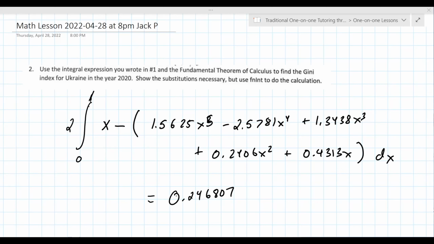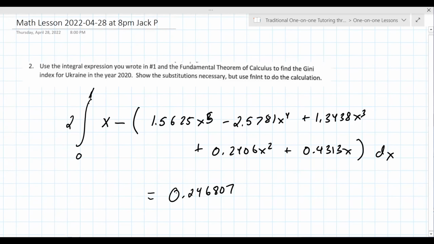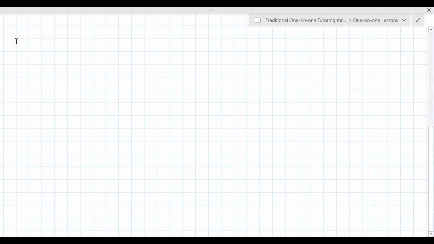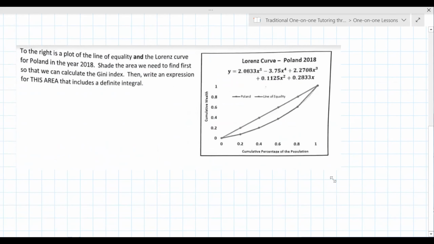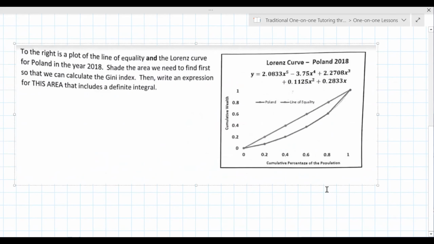This is just so out of scope. I mean, what are they trying to get you to do here? This is weird. All right. So here it is. To the right is a plot of the line of equality and the Lorenz curve in Poland. Shade the area we need to find first so that we can calculate the Gini index, then write an expression.